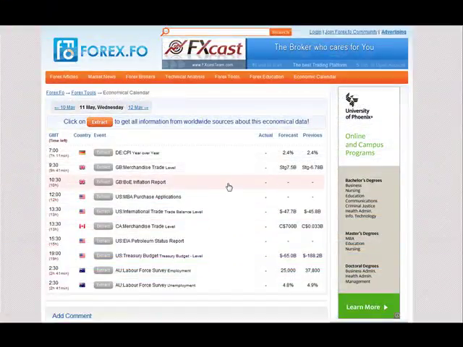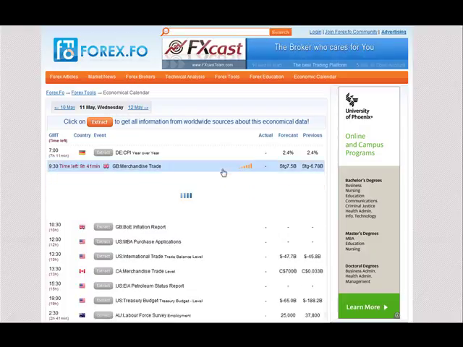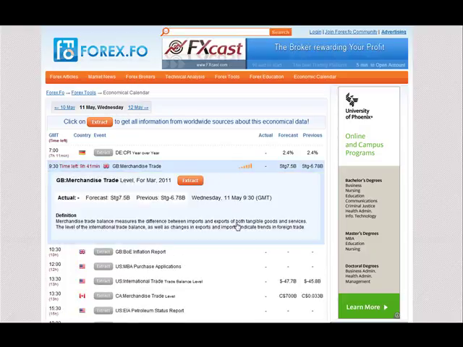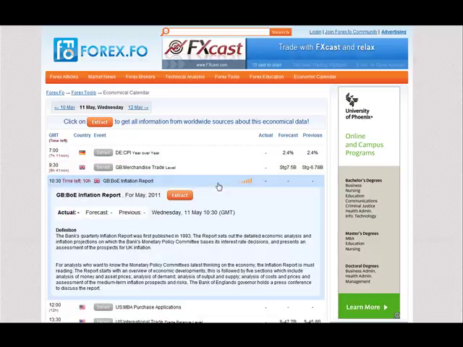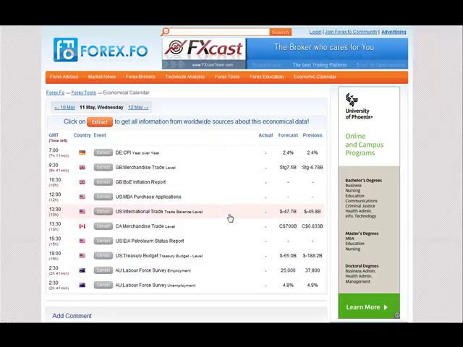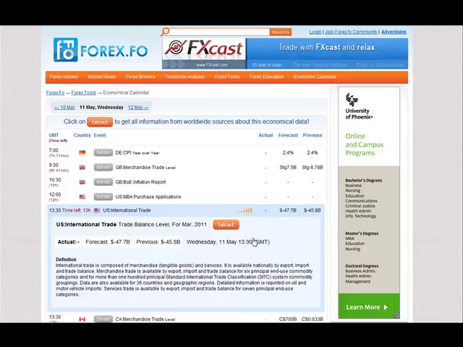With regards to the economic calendar, we have a couple things here for the pound. The merchandise trade, which measures the difference between imports and exports. We also have an inflation report, which typically has a lot to do with the interest rate that they'll be setting. A little bit later down the road, we have the trade balance for the states.